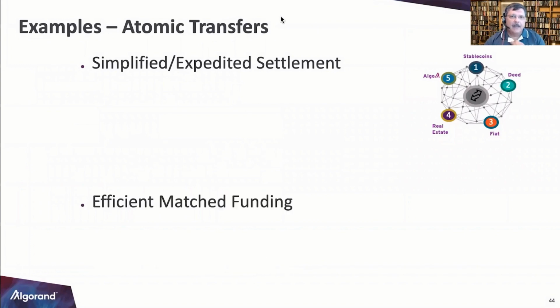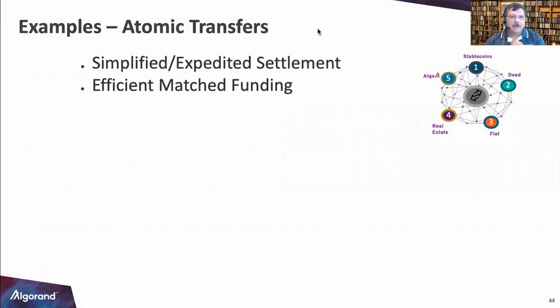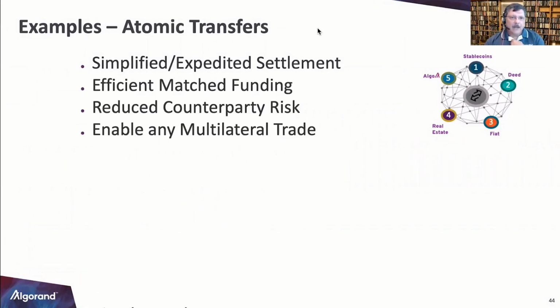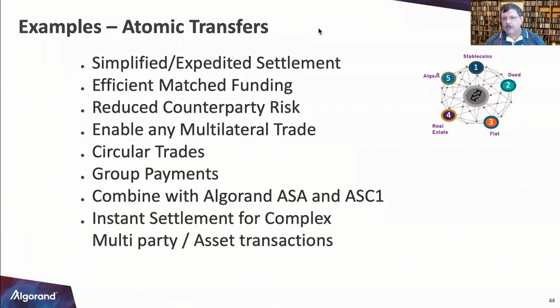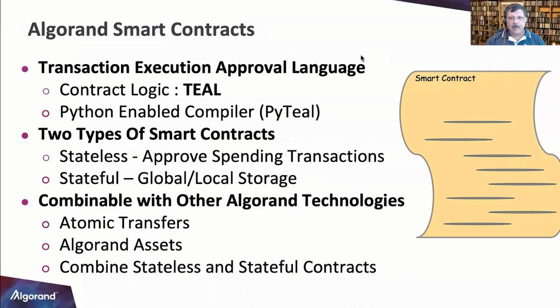And then examples of atomic transfers might be things like multilateral trades, circular trades, group payments, combining with smart contracts and NASA, also instant settlement for complex multi-party asset transactions. Distributed payments are all part of the mix there.